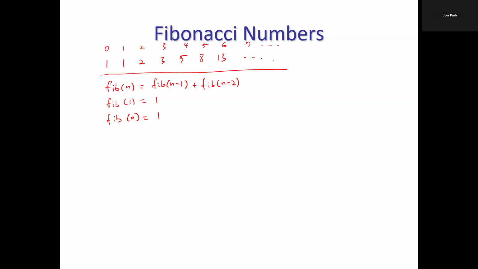We're thinking of fib as a method, which it is. But if you think of fib of n as the nth Fibonacci number, then it's the n minus 1th Fibonacci number plus the n minus 2th Fibonacci number.